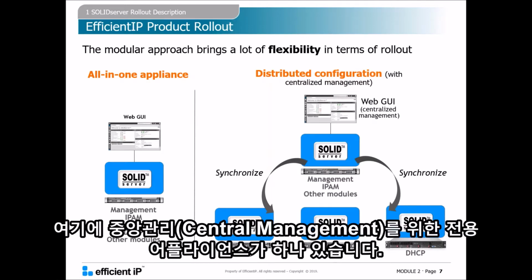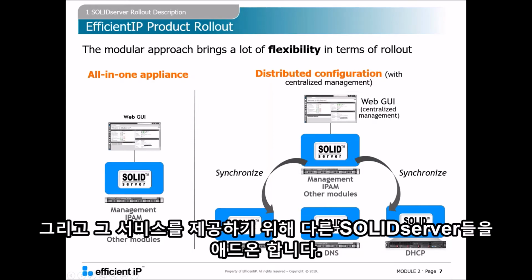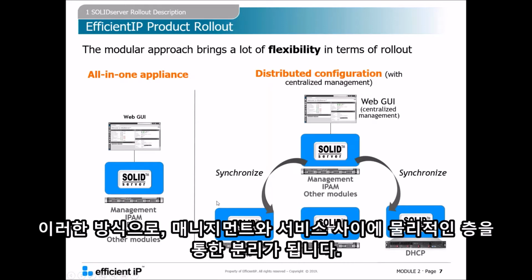Okay, meaning to say you have one dedicated appliance here for the central management, and then you add on other SOLIDserver to provide the services. So in this way, you have a separation layer here physically between the management and the services.